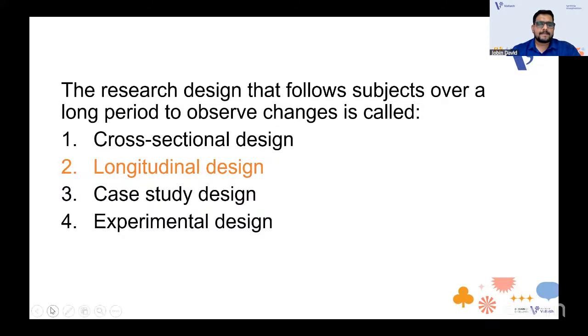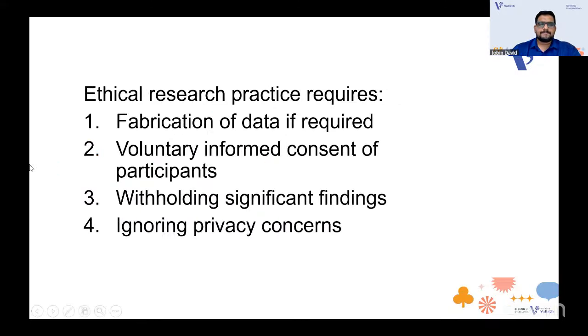Longitudinal. And next question. Ethical research practice requires fabrication of data if required, voluntary informed consent of participants, withholding significant findings, or ignoring privacy concerns. Ethical research. So, research ethics is an important topic in research aptitude. You should study that. That's very important. Maybe like with the misconducts of research, scientific misconducts of research.